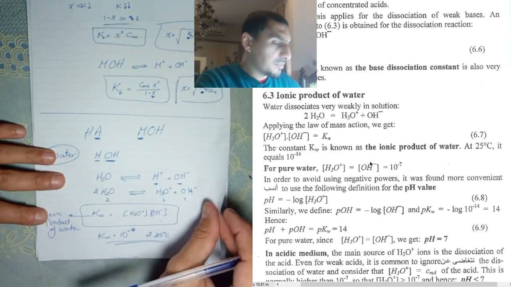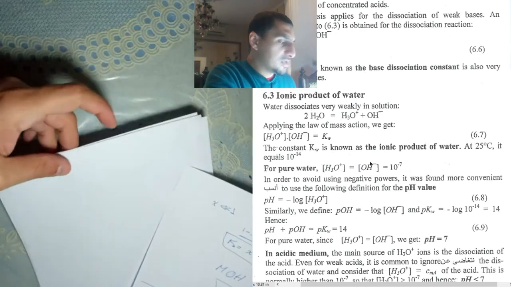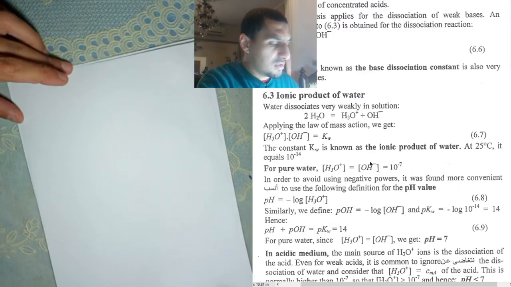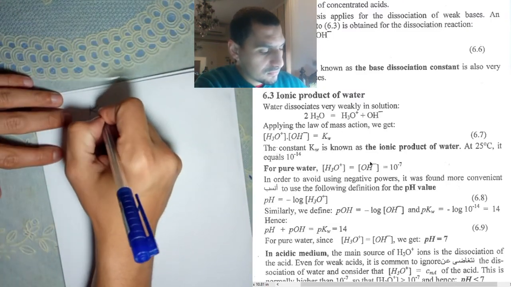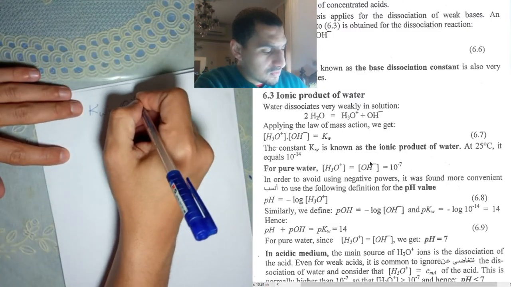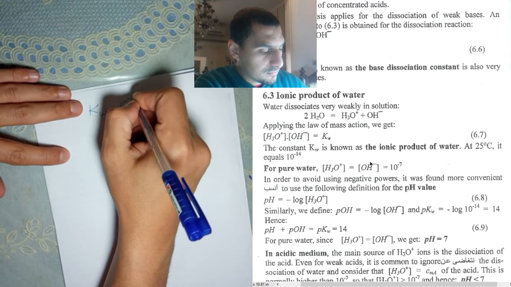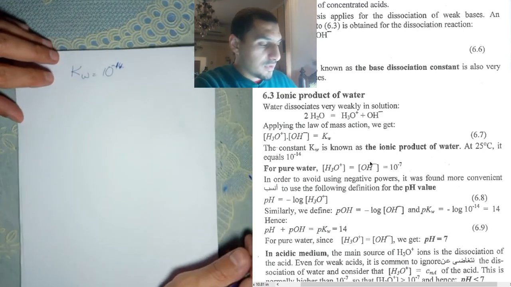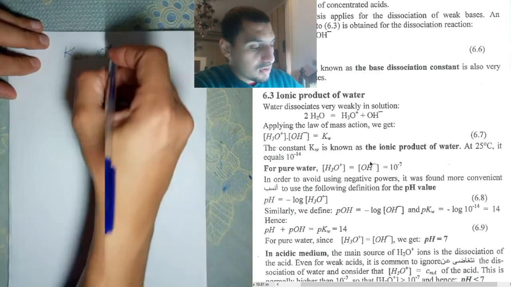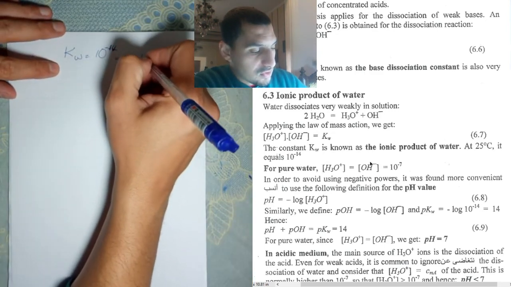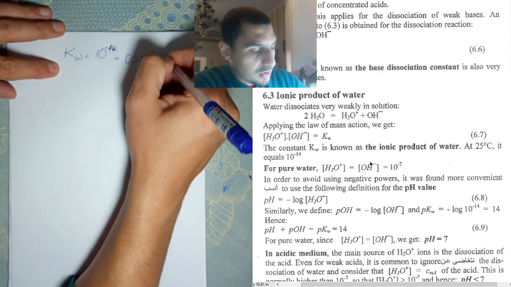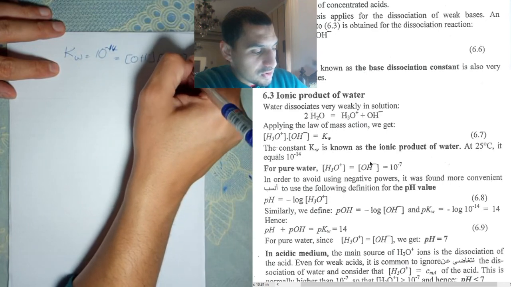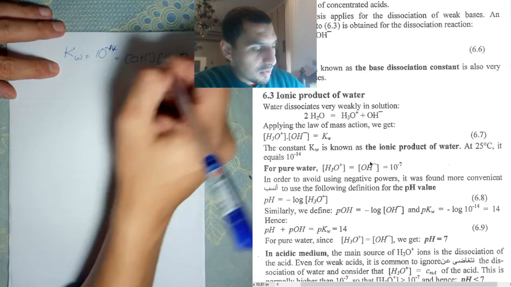So again, I'm going to apply the law of mass action in more detail. I know that the Kw equals 10 to the minus 14, and I know that Kw equals the concentration of OH minus multiplied by the concentration of H3O plus.